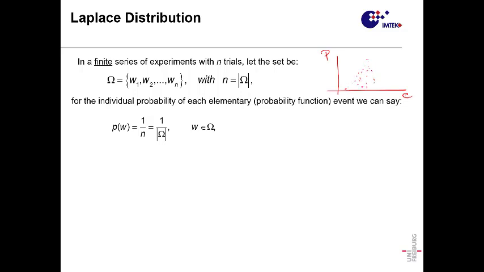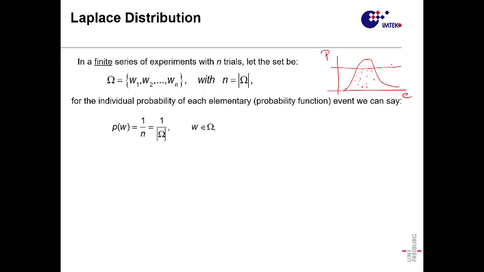And then sometimes you get something like this. You probably have seen this. This is more like a Gaussian distribution. Or if they all have the same probability, you have a flat distribution, because all have the same probability to happen, like in the dice. And when this happens, it is called the Laplace distribution, because it relates to the definition of Laplace probability.